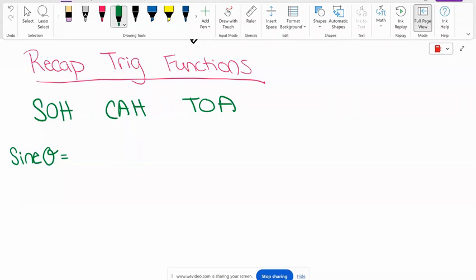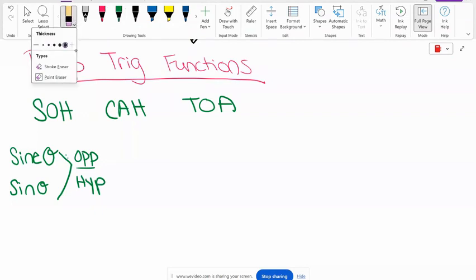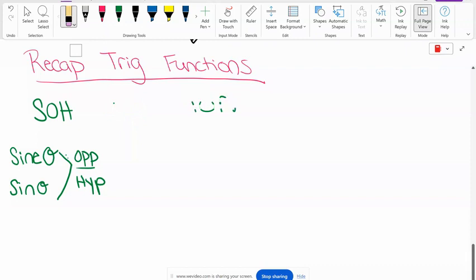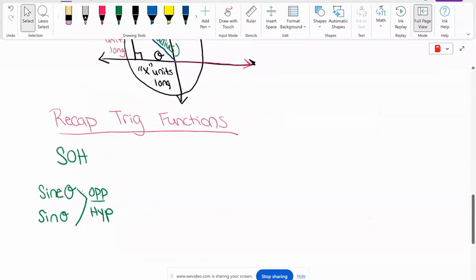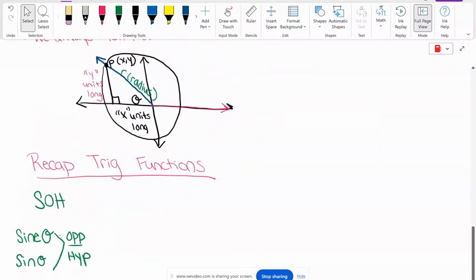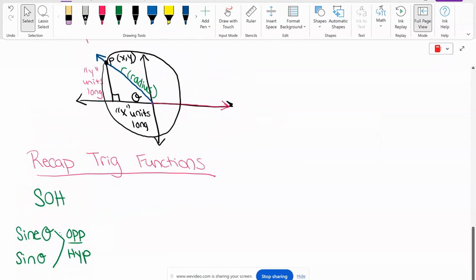Sine is S-I-N-E. The way we shortcut it is SIN, and this represents opposite over the hypotenuse. Now go back to my right triangle up here. Theta is my angle.